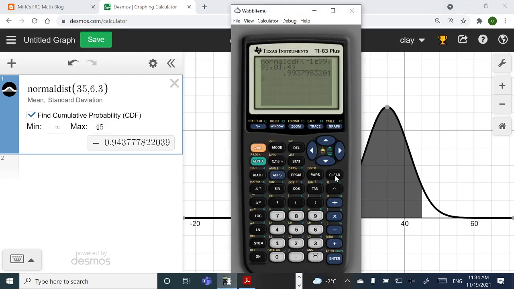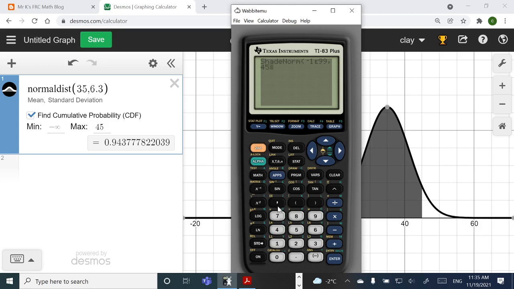Okay, so for the TI guys, clear, clear, clear. Do we want to see the picture too? Sure, why not? We'll get the full treatment. So second function draw, clear all drawings. Done. Okay, so we would like to distribute and draw, shade norm, a lower boundary of negative infinity, so negative 1E99, comma, up to 45.